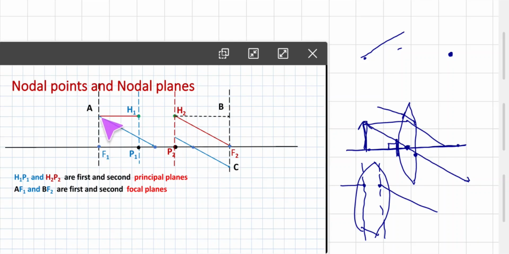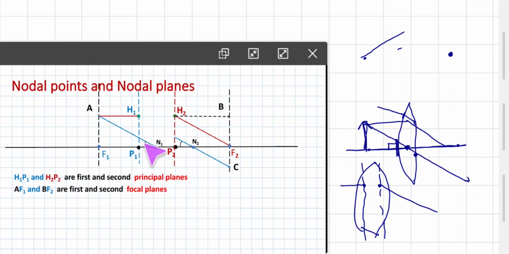Now when this ray intersects the optical axis, that point is called a nodal point, which we are studying. When the ray is emerging out from this plane or imaginary line and intersects the optical axis, that is called the second nodal point.